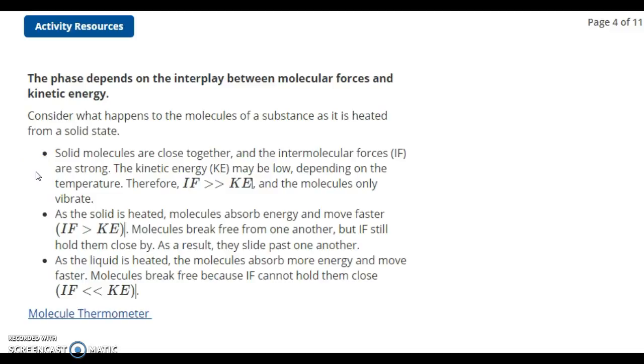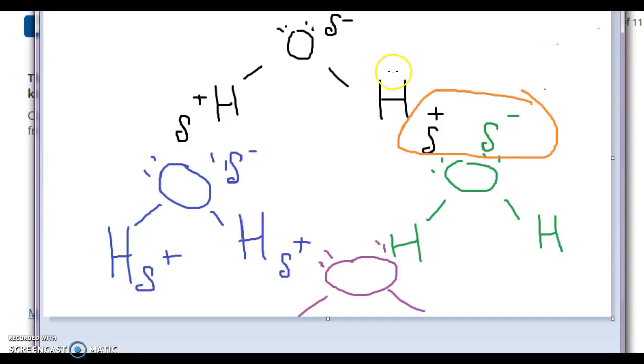Solid molecules are close together and the intermolecular forces are strong. Sorry, I could not resist. The kinetic energy may be low depending on the temperature. Therefore, the intermolecular forces are greater than the kinetic energy and the molecules only vibrate. So it's a lot greater. In other words, there's not enough vibration motion and not enough kinetic energy to cause these to break apart.